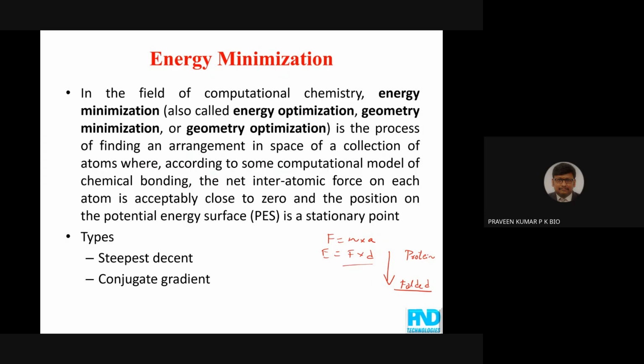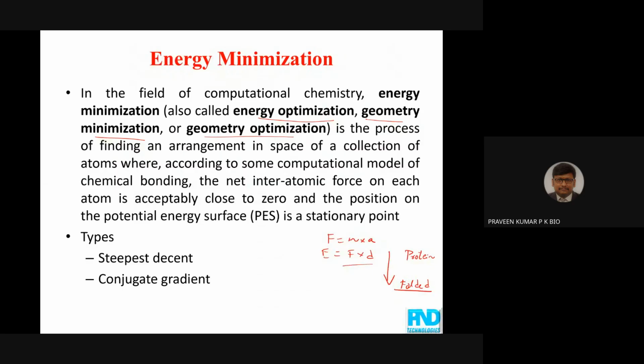Energy minimization, also called energy optimization, geometry minimization or geometry optimization, is a process of finding an arrangement in space of a collection of atoms where, according to some computational model of chemical bonding, the net interatomic force on each atom is acceptably close to zero.